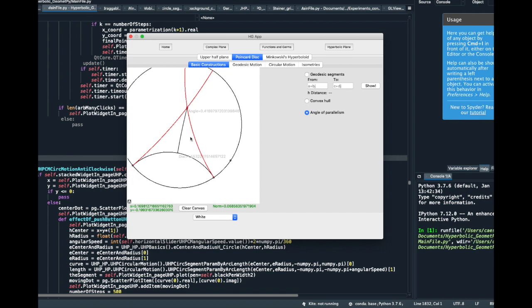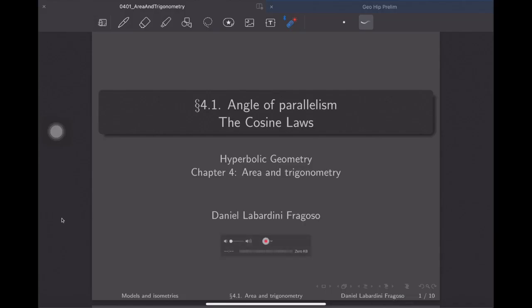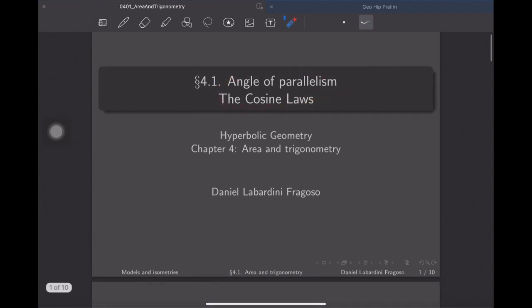And you can see the name. Why is it called angle of parallelism? Well, because it really gives you the angle of the range where parallels can run. And that's the first topic in this section.